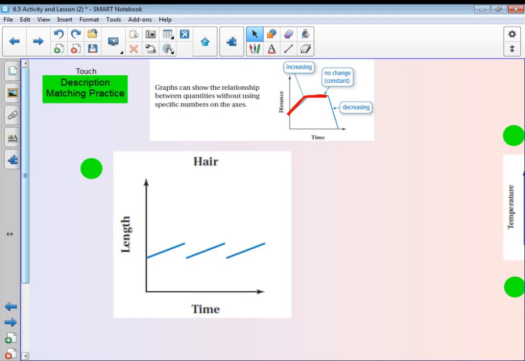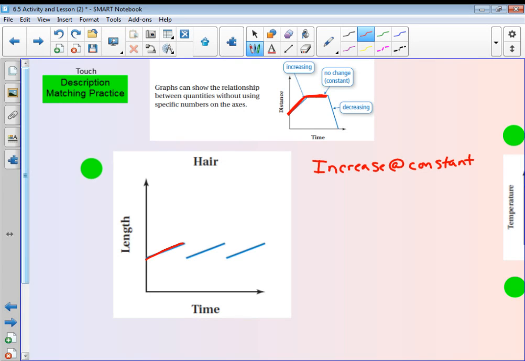Okay, so here it looks like we've got our hair and our length over a period of time. So here it looks like we are increasing at a constant rate. Okay, so then what happens when there's a break there?